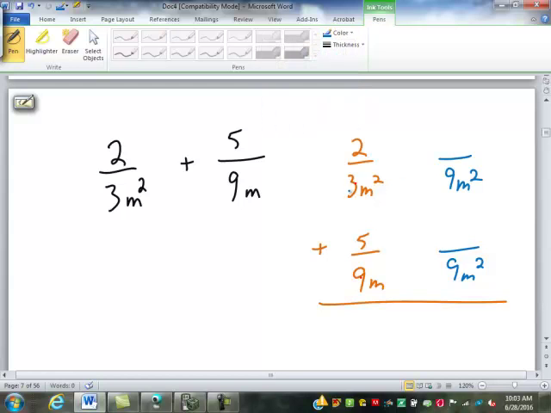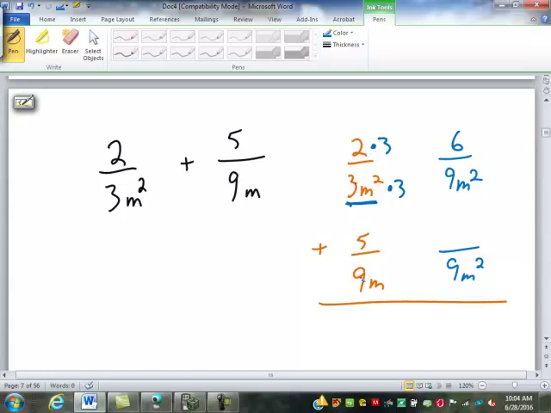Do we have to do anything to the 3m squared? Yeah, it's got to change to 9m squared. So we have to change the number by multiplying by 3. Do we have to change the variable? Nope, it's already a square. So what do we have to do to the top? Times 3. 2 times 3 is 6. Good.